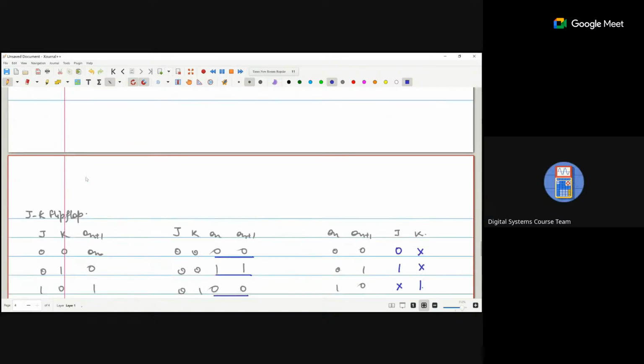One more thing, we can write the equations also for that.